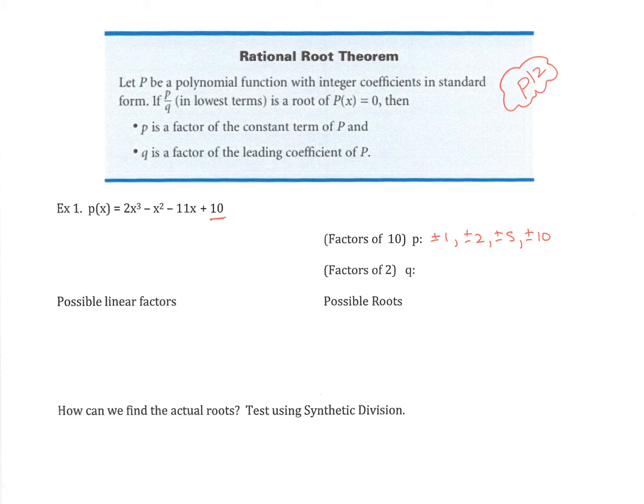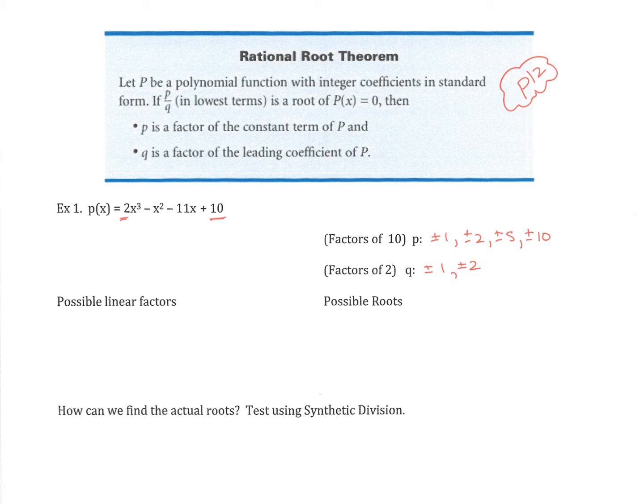So now let's look at the 2. So now I want to think of my factors of 2. And 1 and negative 1 will divide evenly into 2. And 2 and negative 2 will divide evenly into 2. There's nothing else that I could divide 2 by that I wouldn't get a decimal or fraction or remainder part.